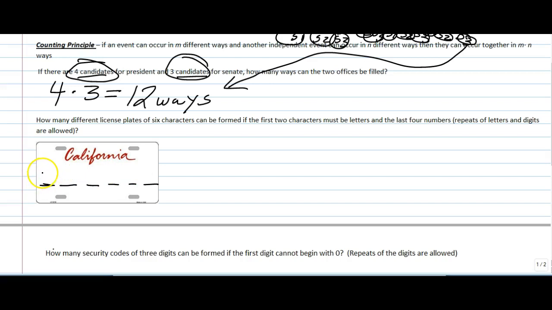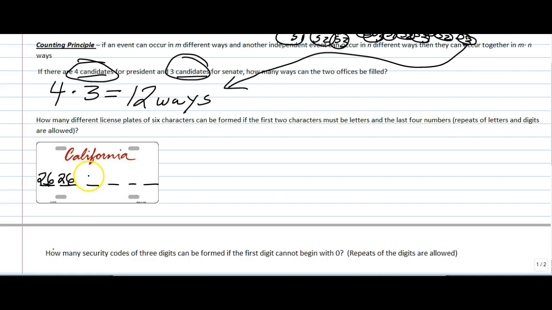So, for the first character, I have 26 possibilities, 26 letters in the alphabet. Now, my choice for the second letter is not dependent upon the choice for the first letter. So the 2 events are independent. So I still have 26 possibilities for the second character.